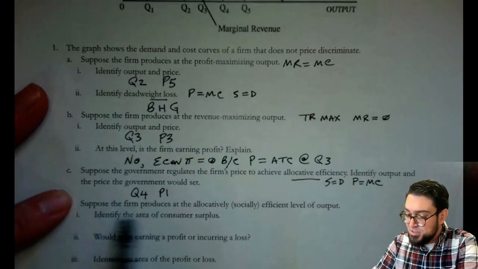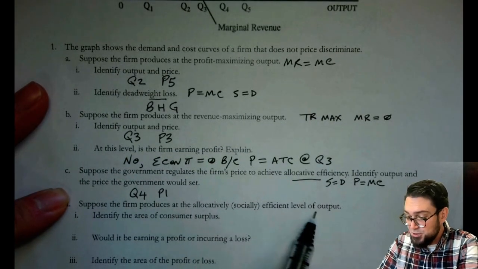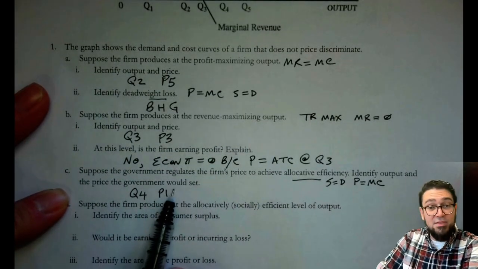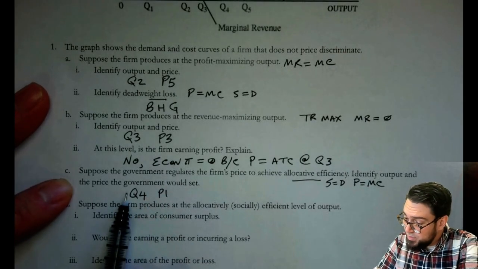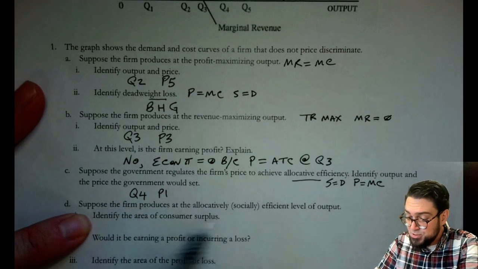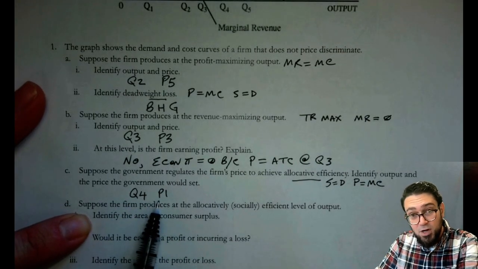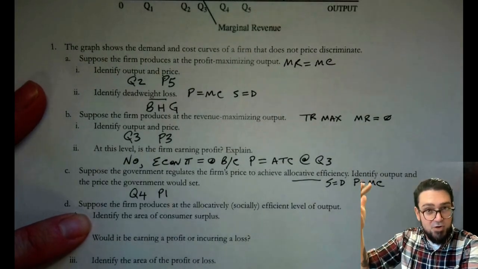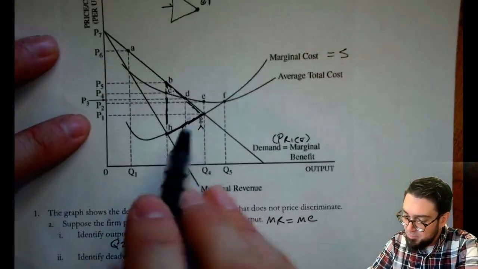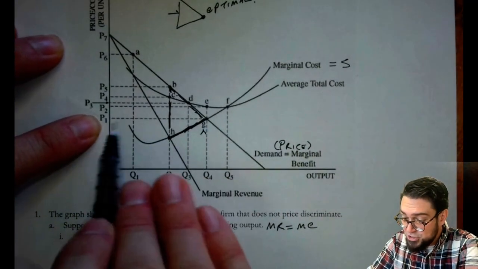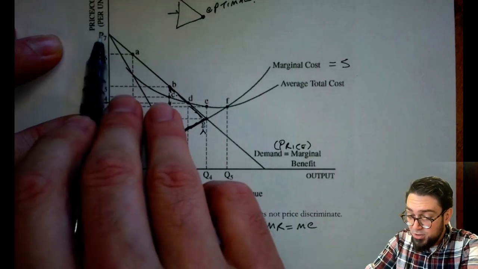Now, suppose the firm produces at the allocatively, socially efficient level. So let's say they actually do that. And so we would say, identify the area of consumer surplus. So above P1, consumer surplus is above the price that consumers pay. And so above that price, from point G over to P1, it's going to be all the way up the demand curve.